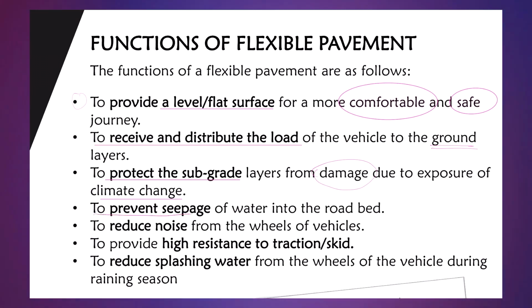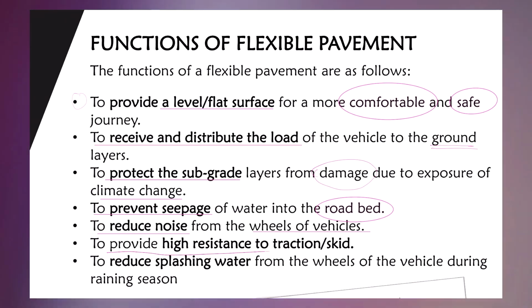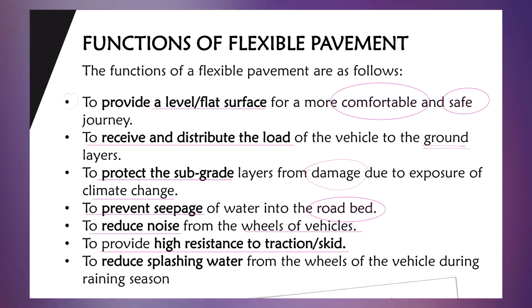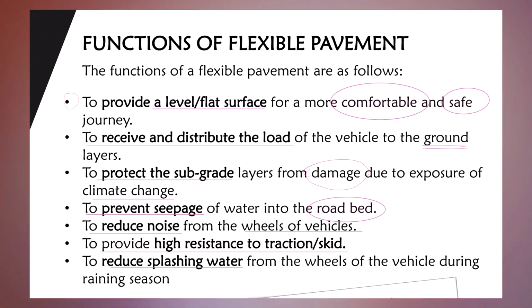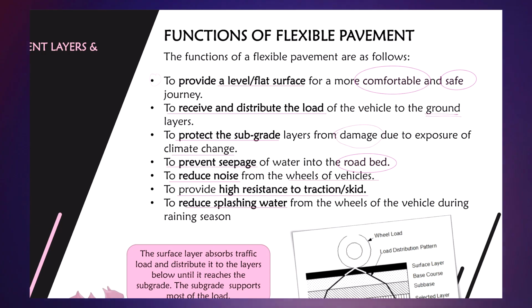A flexible pavement is designed to prevent seepage of water into the roadbed, which will be the layer that is going to bear every load. It is also designed to reduce noise caused by the wheels of vehicles through friction. It is also to provide high resistance to traction or skid for safety reasons, and finally to reduce splashing of water from the wheels of vehicles during the rainy season to provide comfort for all types of road users, especially motorcyclists.